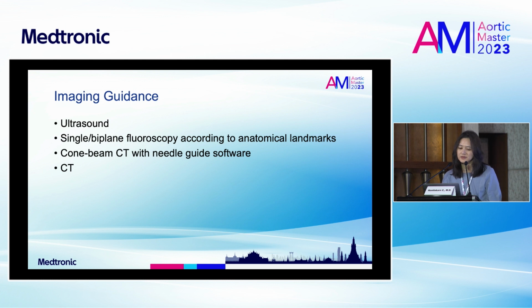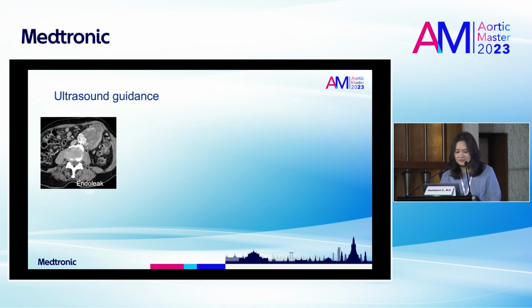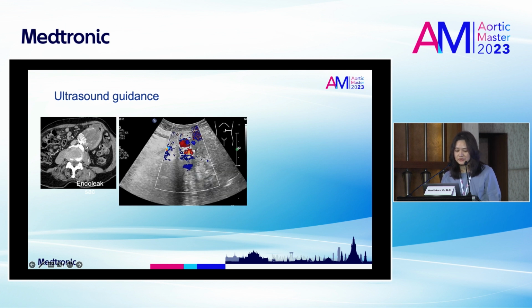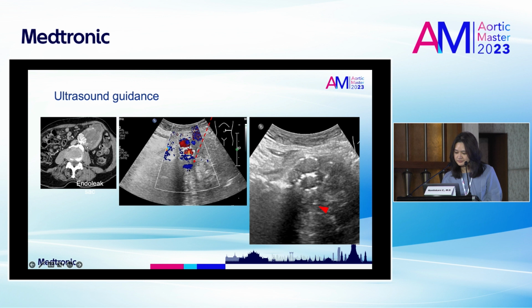Imaging guidance can be anything: ultrasound, fluoroscopy, or cone beam CT with guidance software, or CT guidance. In this case, you can see the endoleak sac is here and the thrombosed aneurysm sac is proximate to the anterior abdominal wall. So it's easy to use ultrasound as a guidance tool to get the needle to the endoleak sac here.